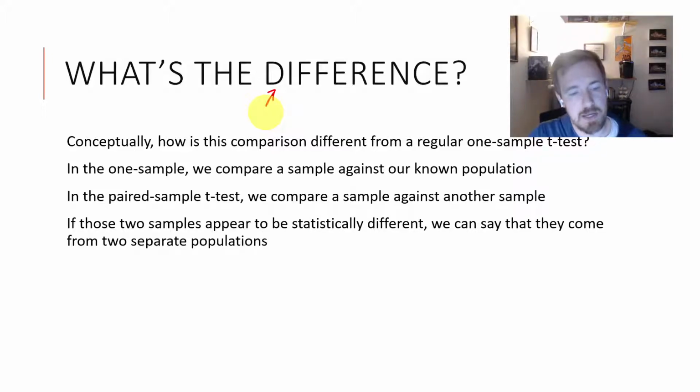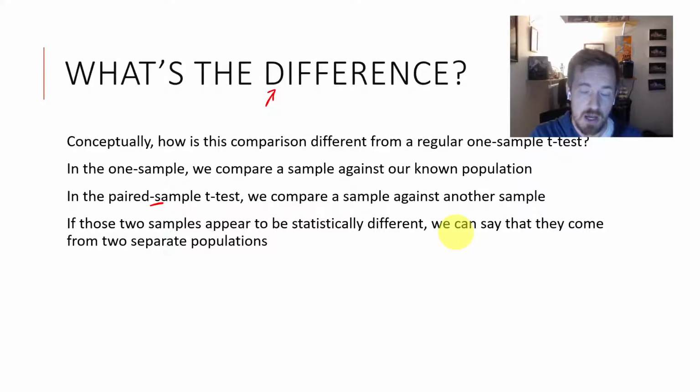All right, so in a paired sample t-test, we're comparing one sample against the other and looking for that difference and then understanding that difference. If these two samples appear to be statistically different, then we can say that they come from two separate populations. Why is that important? Because if I'm saying that before and after are fundamentally different, then we can treat them as if they come from two separate populations.